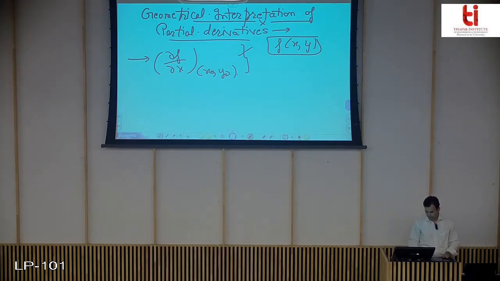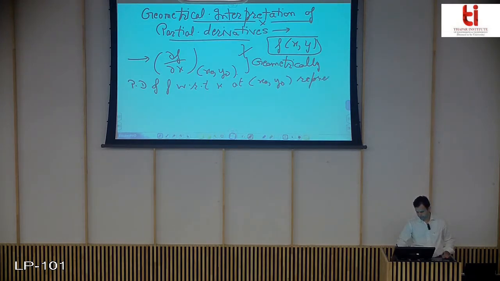So geometrically, the partial derivative of f with respect to x at the point (x0, y0) represents the slope.